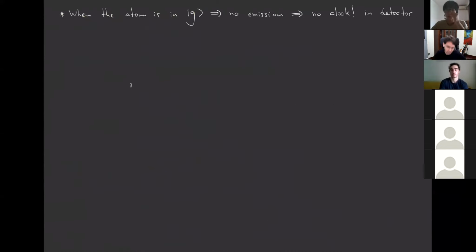radioactivity. So if you agree with me that when you are in the ground state there is no emission, then you have to agree with me as well that the probability that the atom is excited, so this is a system quantity, not a detector quantity, is equivalent to the probability of having a click.